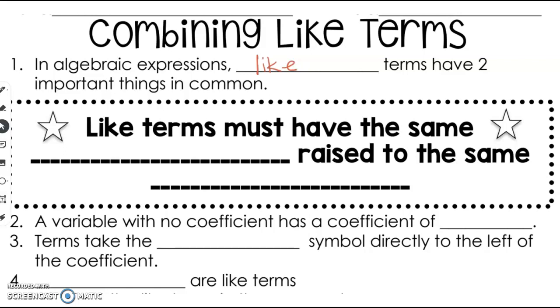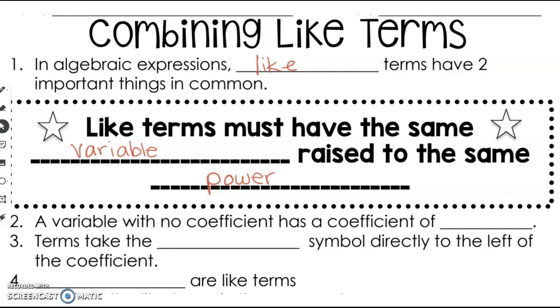Like terms have the same variable, that means the same letter, and they also have the same power. Remember how we've been doing exponents? The little number above the variable is your exponent, that is the power. So it has to have the same letter and the same power.